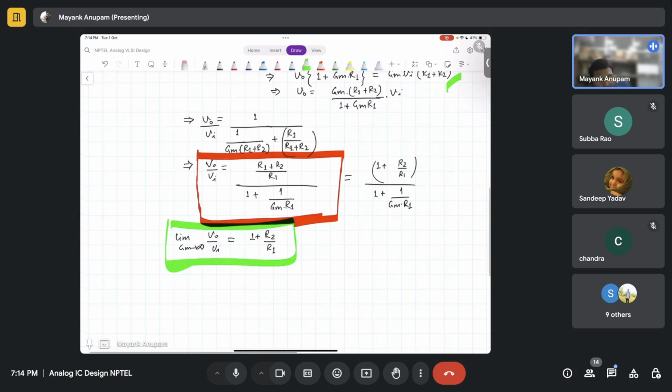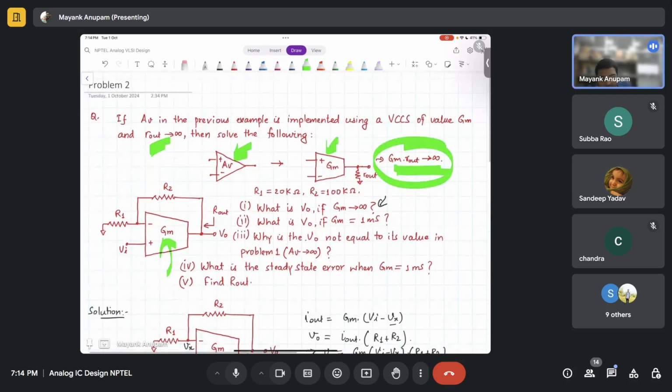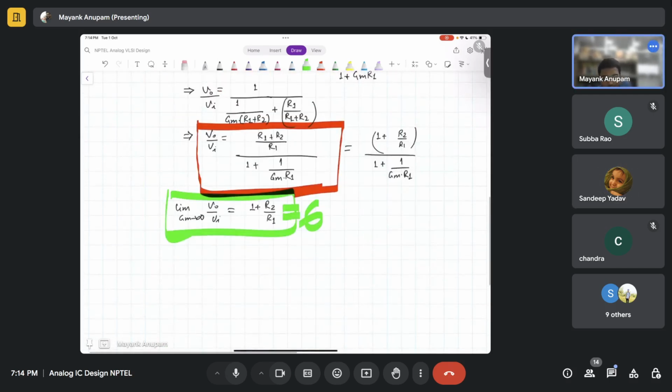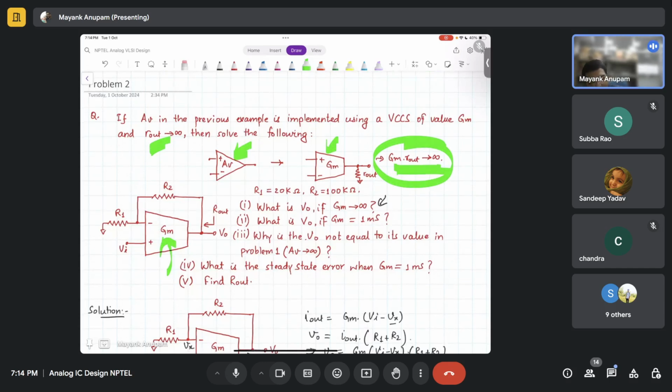So this becomes equal to 6, correct? For this amplification factor, the only condition required was AB had to be infinity, correct?